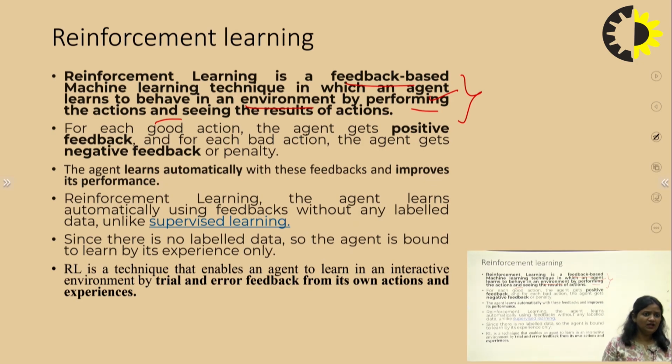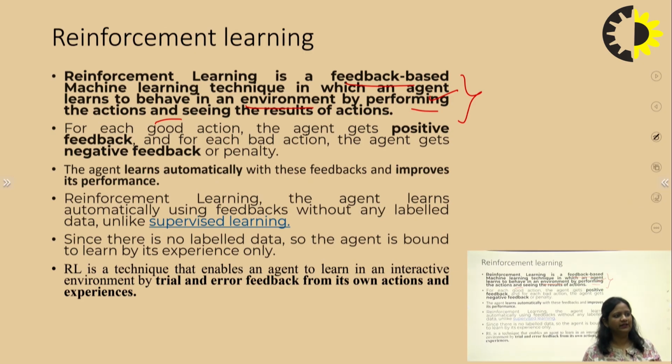According to this scenario, in reinforcement learning, an agent will learn how to act properly using positive or negative feedback according to its good or bad, accurate or inaccurate actions. The agent learns automatically with this feedback and improves its performance.